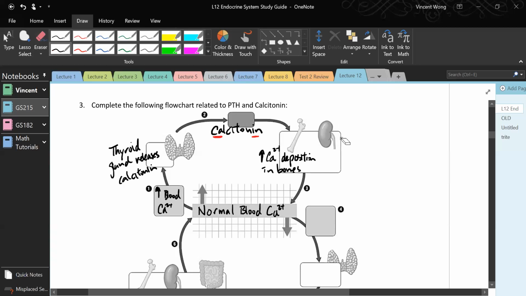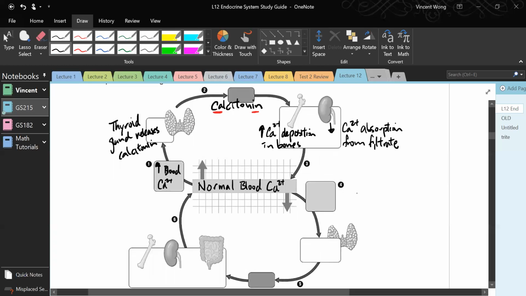Strengthen the bones. And we will tell the kidney to take it easy on calcium absorption, so reduce calcium absorption from filtrate. Filtrate is the stuff that is within the nephrons, so you want to reduce the calcium absorption there.